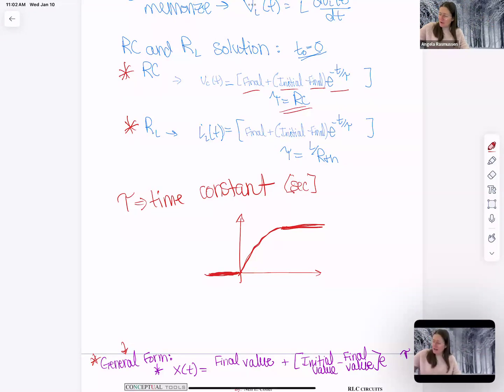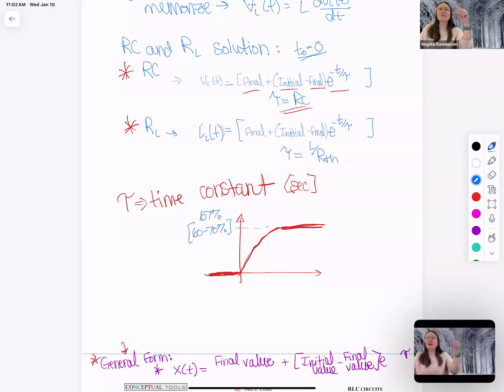And what the time constant means is that once I reach 70% or 60%, and accurately it's 67%, but somewhere right around that range is where I say it's fully charged. That time is that time constant value.